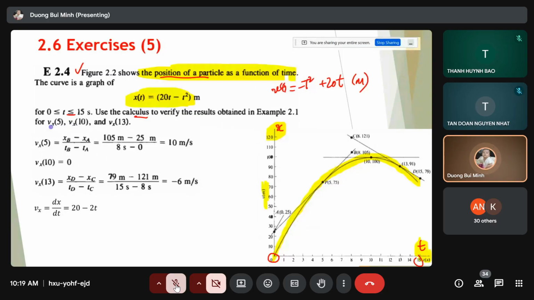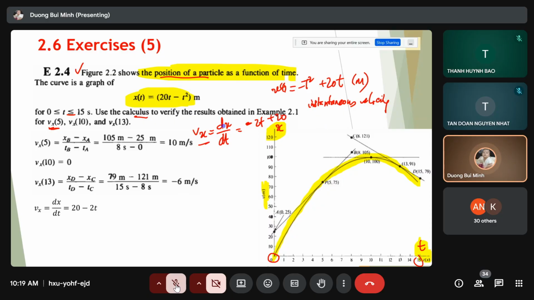They would like us to calculate the instantaneous velocities. How can we do it? We can calculate vx as the derivative of x with respect to time, so we get minus 2t plus 20.